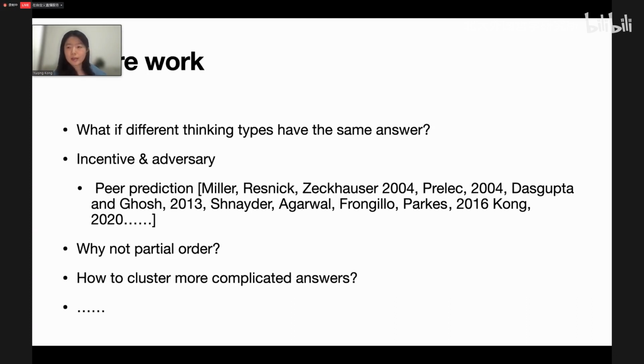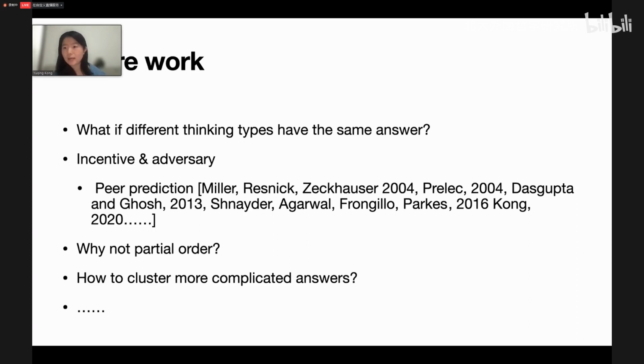Also, for the bar chairs case, one tricky thing is that if people provide open response answers, we need to classify their answers first to run our algorithm. Right now we can only do it by hand.